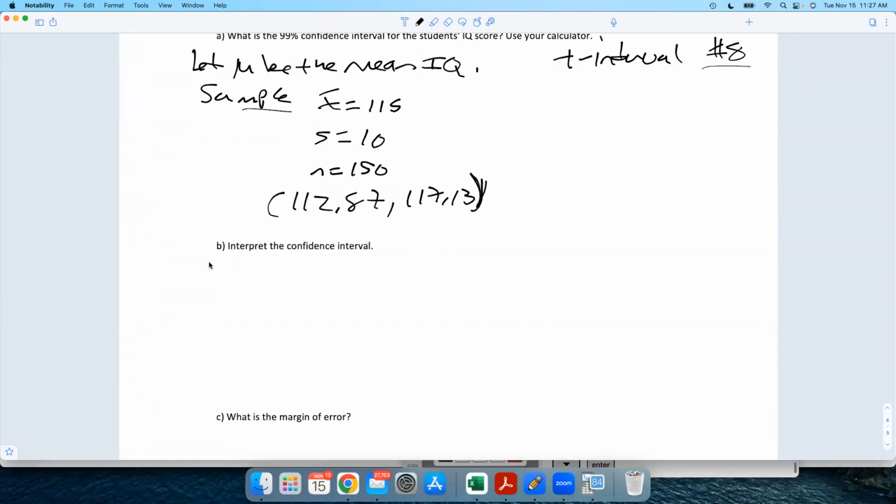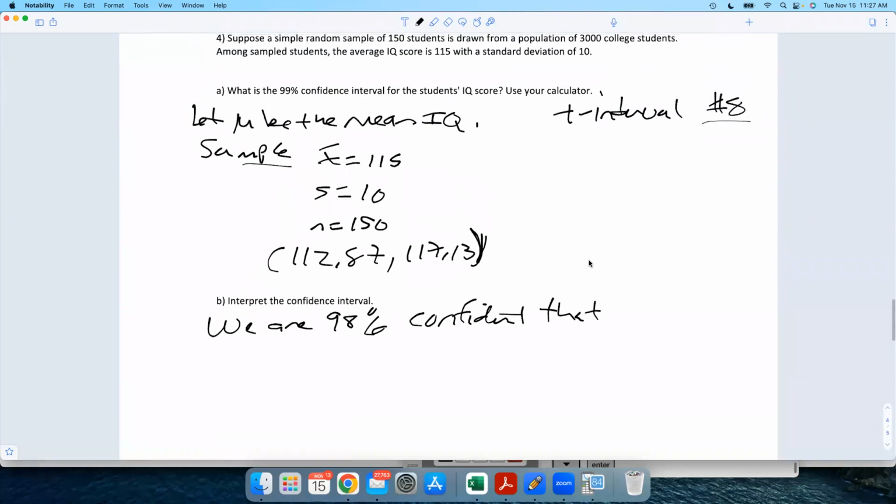Okay, now we write our sentence. We are 95% confident that, we get so used to writing confidence intervals for proportions. A lot of times these get messed up.